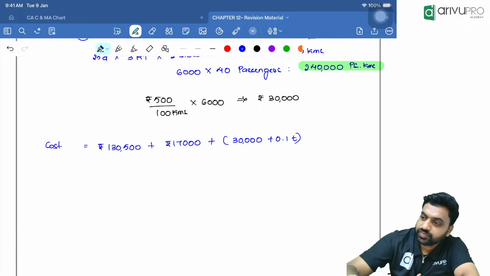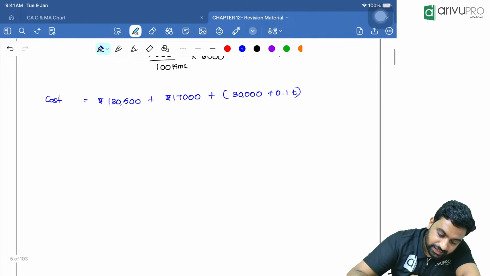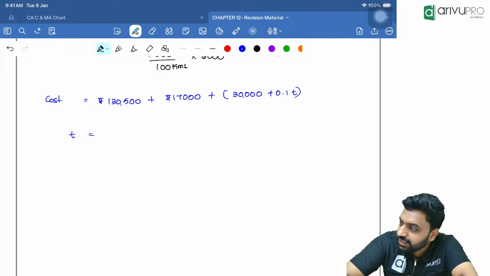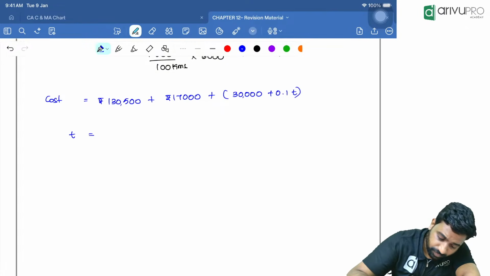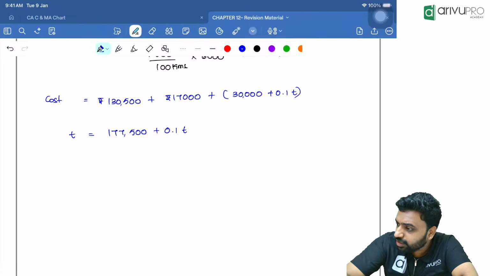To the cost, if I add profit, I will get the takings. So takings, I assumed it as T. Correct? T is equal to, cost is how much, can you tell me? 1,30,500 plus 17,000 plus 30,000, that is 1,77,500 plus 0.1 T. That will be cost.